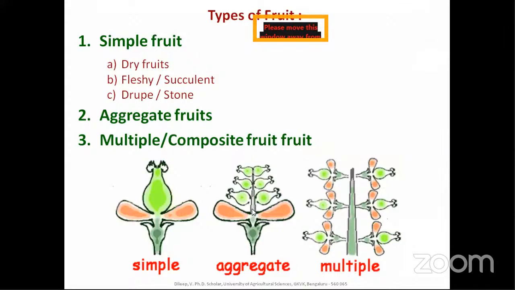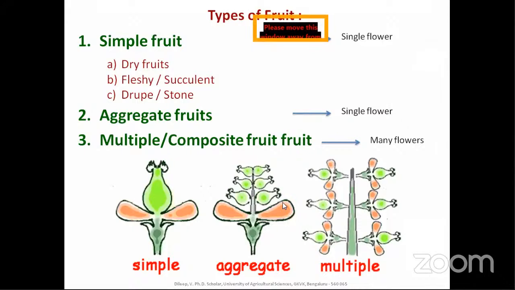And what is aggregate fruit? This is from apocarpous pistils. When the flower is single only, and the fruit is developed from the apocarpous pistils, it is called an aggregate fruit. And what is multiple fruit? Here the fruit itself is developed from different flowers. This is called a multiple fruit.